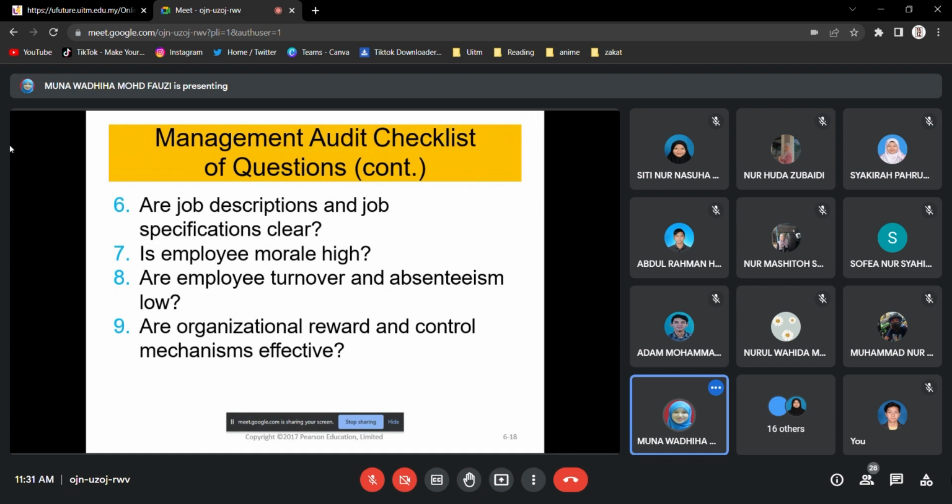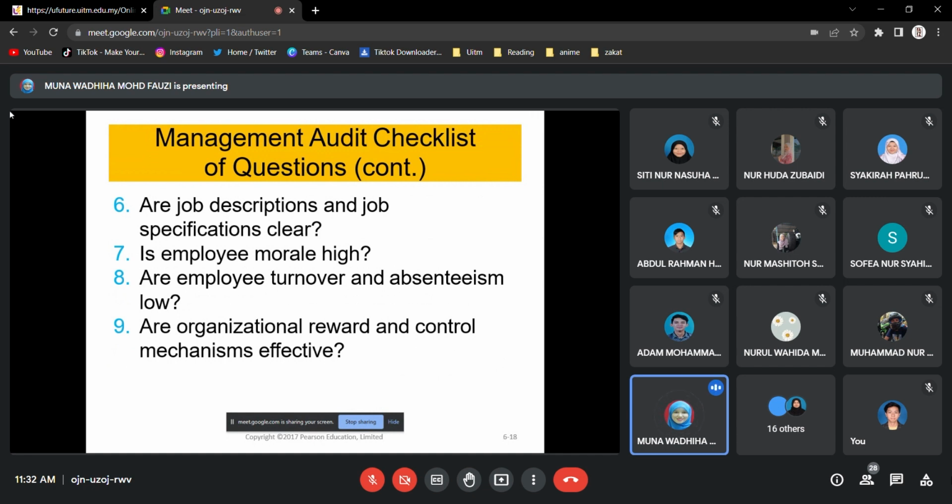Job description is actually different from job specification. Job description is more on the description of the job itself. Job specification is about the requirements and needs that potential workers must fulfill, need to master, or be expert in, for example the management area.